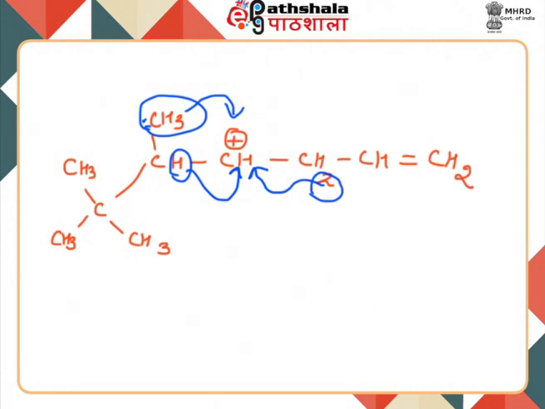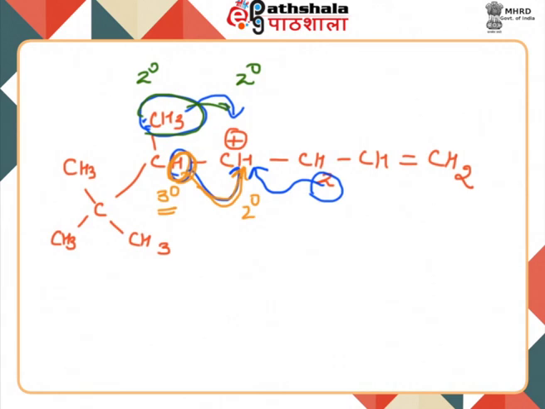If we carry out this methyl shift here, then starting from the initial secondary, we will still land with a secondary carbocation. Now, if we take this hydride and shift it here, then starting from secondary, once this hydride comes here, it will give us the tertiary carbocation.